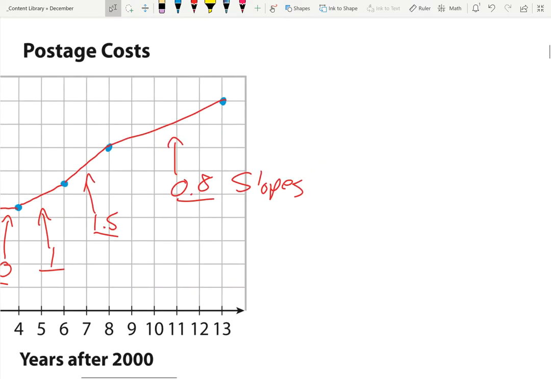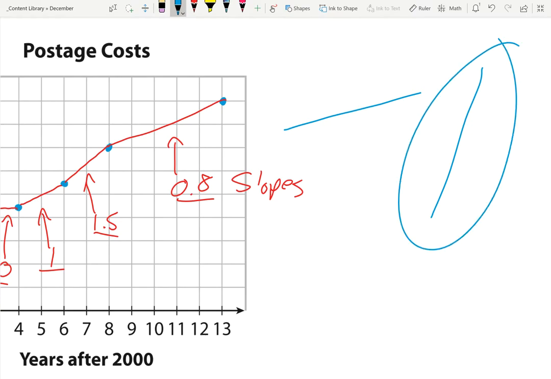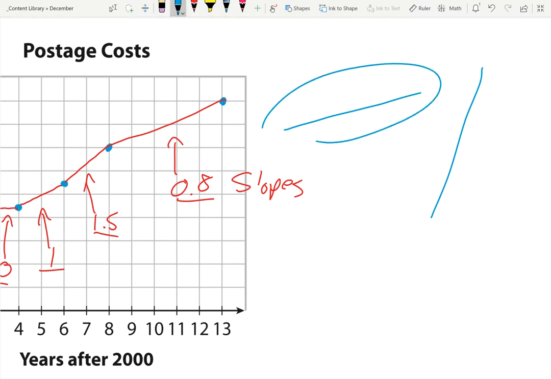Imagine you had 2 lines. You had a line that's kind of like this and a line that's kind of like this. This one is much steeper because it goes up at a sharper angle, right? Think of it like a hill. This is a not very steep hill because it would be very easy to walk up, but this would be a very steep hill because it would be super challenging to walk up.